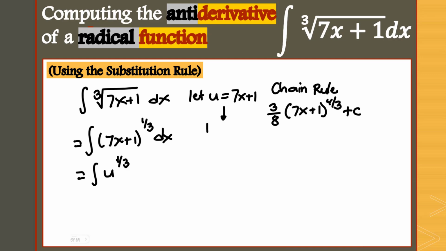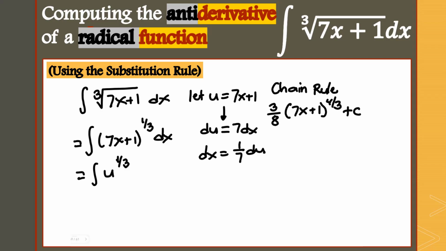So u becomes du, 7x becomes 7 dx, the derivative of 1 is 0. That means du is equal to 7 dx. So from here, we can solve for dx equal to 1/7 of du when we divide both sides by 7 or multiply both sides by 1/7.